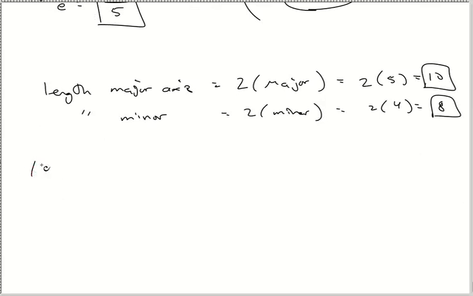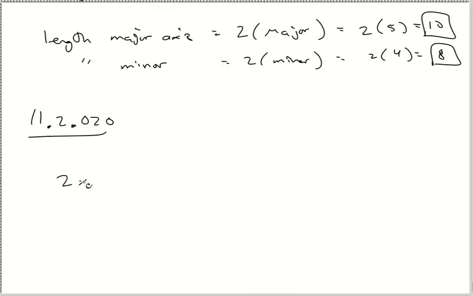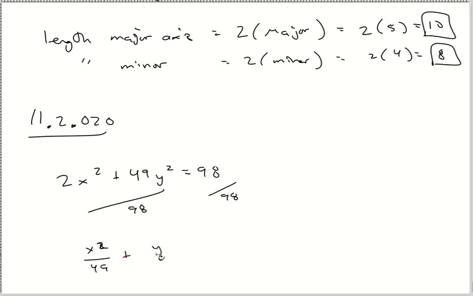Oh, not 4. 11, 2, 0, 2, 0. So I got 2x squared plus 49y squared is equal to 98. If I were to divide that 98 immediately, what you're going to see is that we get them flipped. This is essentially the 49 and the 2.